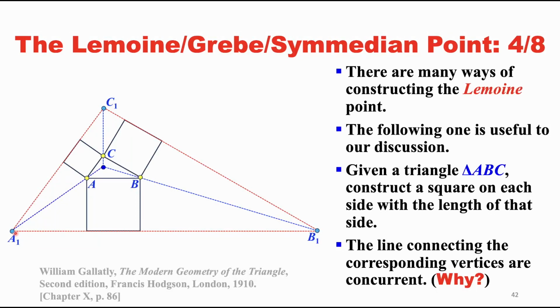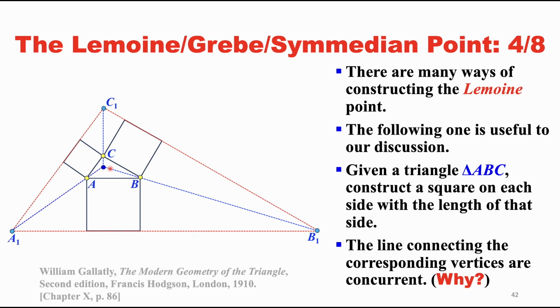They, of course, meet at points A1, B1, and C1. And this triangle, the given one and the newly constructed one, are similar, of course, because the sides are parallel to each other. Then we connect the corresponding vertices. We have A1A, B1B, and C1C.